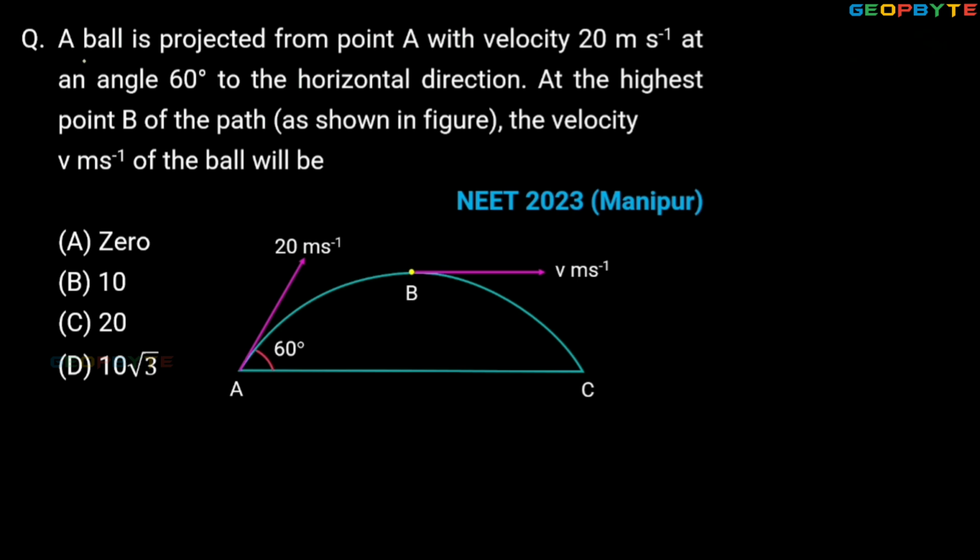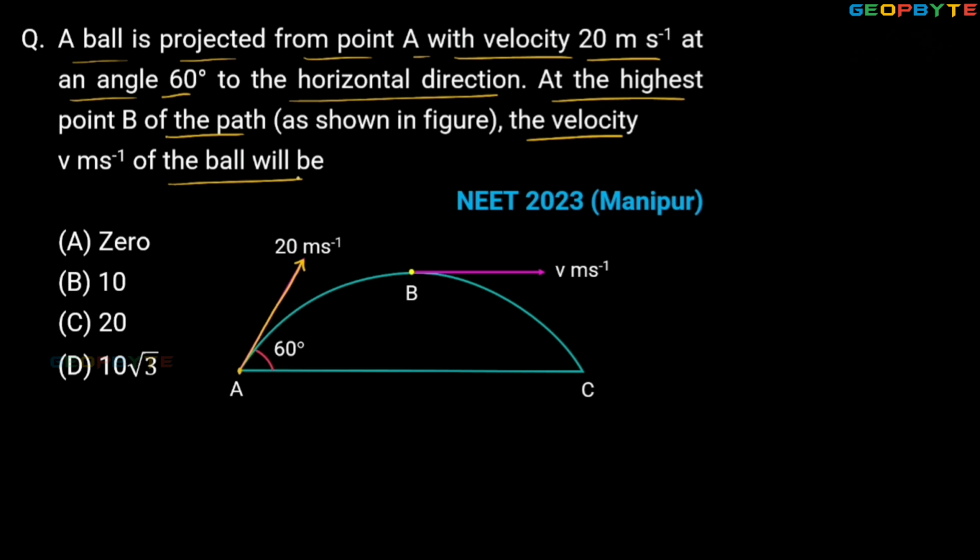Asking like this. A ball is projected from a point A with velocity 20 meter per second at an angle 60 degrees to the horizontal direction. At the highest point, that is B, of the path, as shown in the figure, the velocity v meter per second will be.